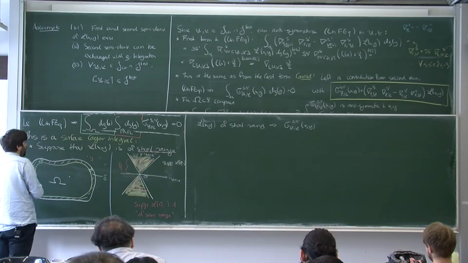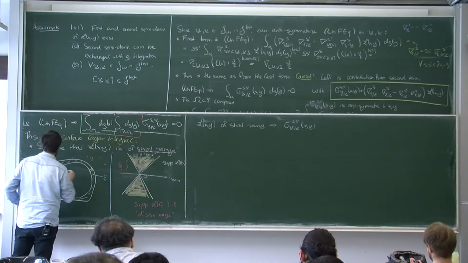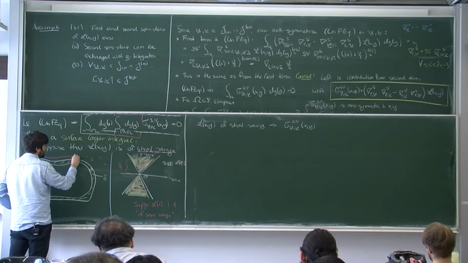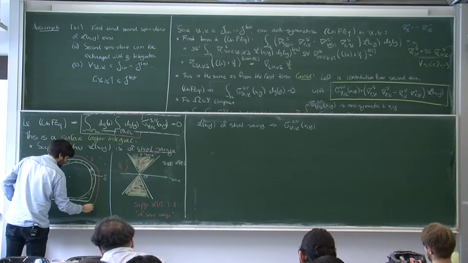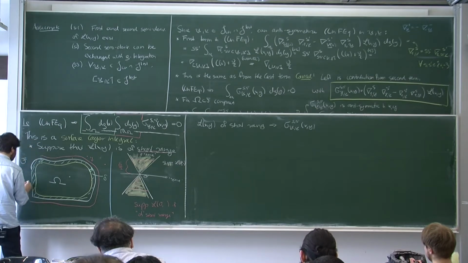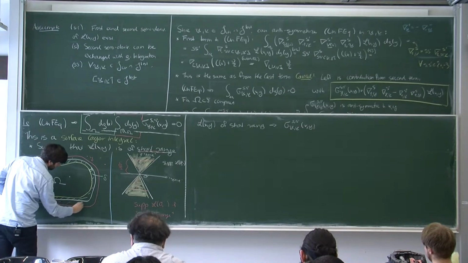And the same thing holds for y. So if x needs to be in omega, there can be at most a strip of width delta in which y needs to be. Okay, so this is the possible spaces of y.